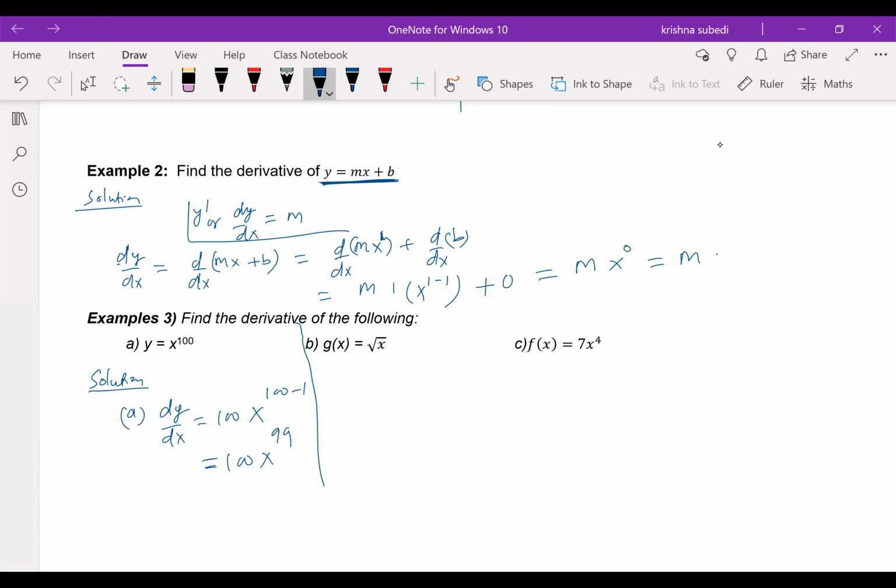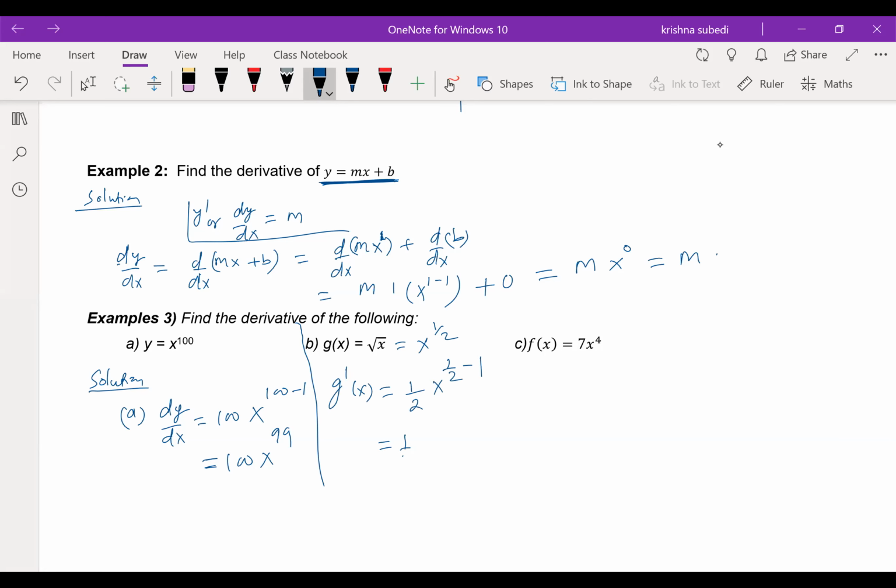In the same way, let us look at this. First of all, when you are given the radical sign or if the function is in the denominator, I suggest you change it into some power form. So for example, in this case, you change it into x power half. Now your derivative is, using the power rule, n, which is half, x power n minus 1.